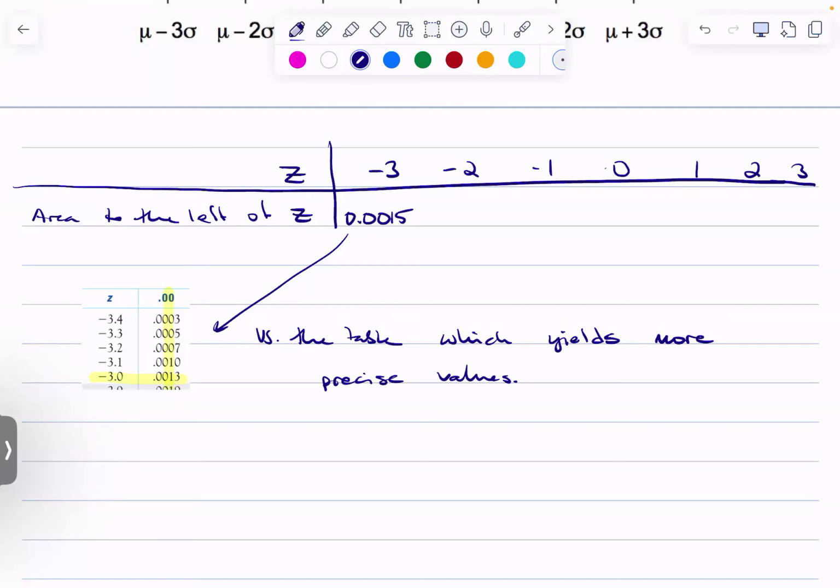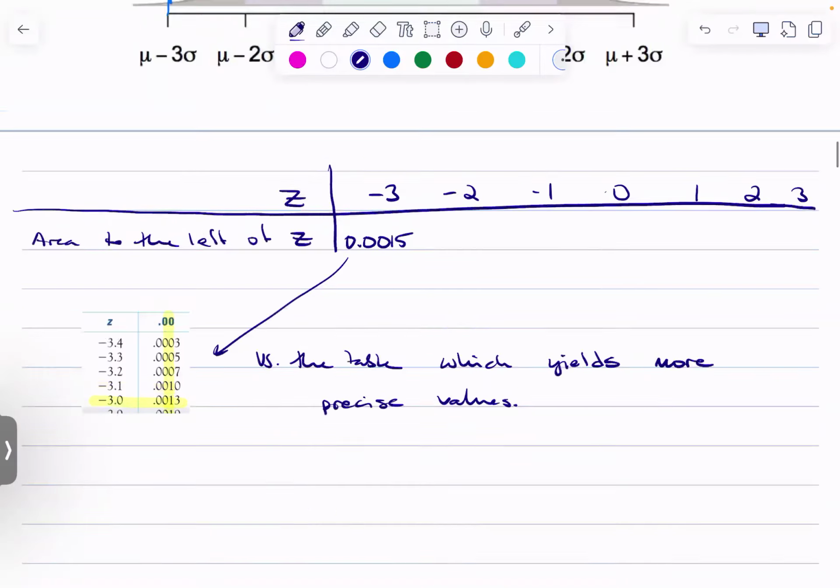Yes, I do make you do a question with the 68, 95, 99.7 rule, but I say use the 68, 95, 99.7 rule to solve this problem. Is this something that's important specifically to memorize those numbers, or just more important to understand the idea? More the concept.